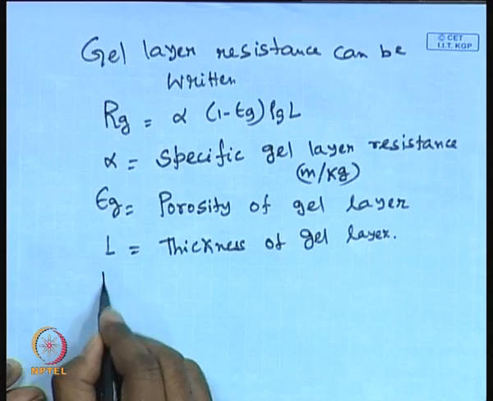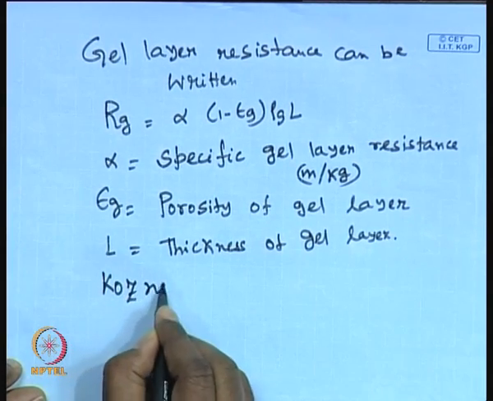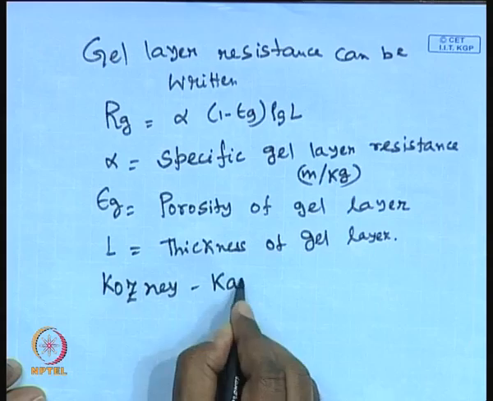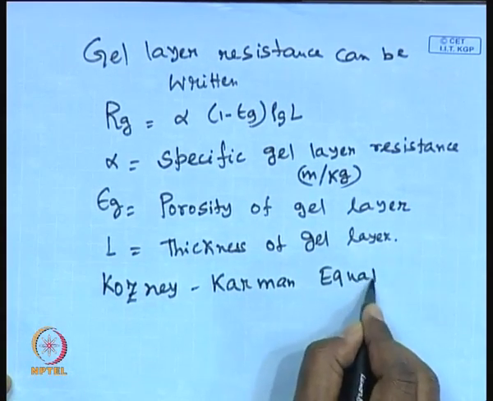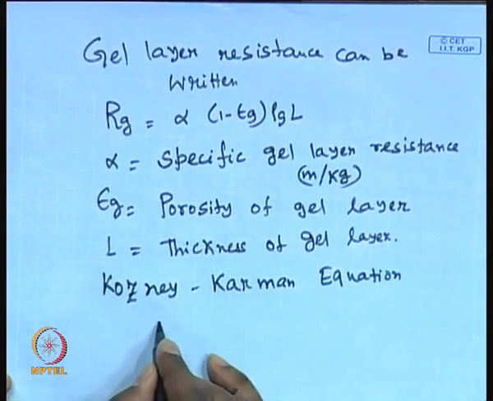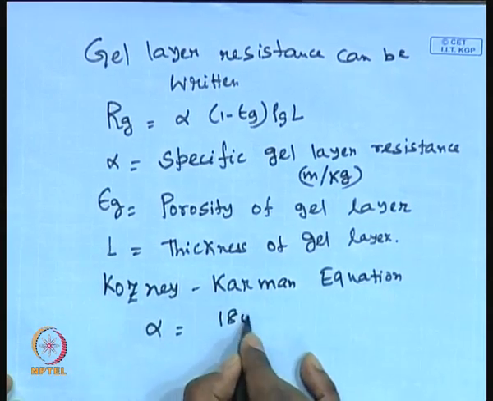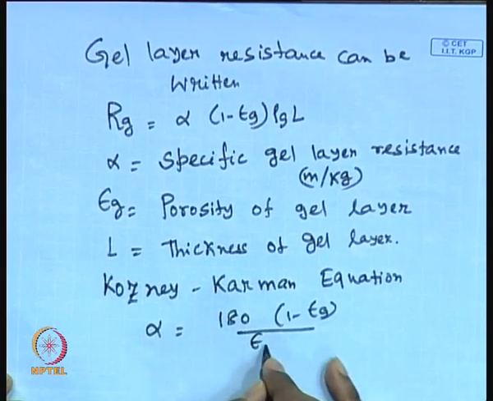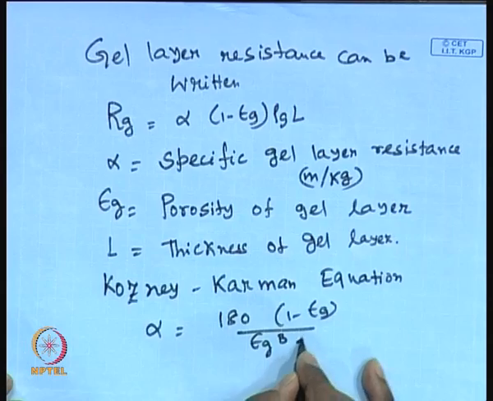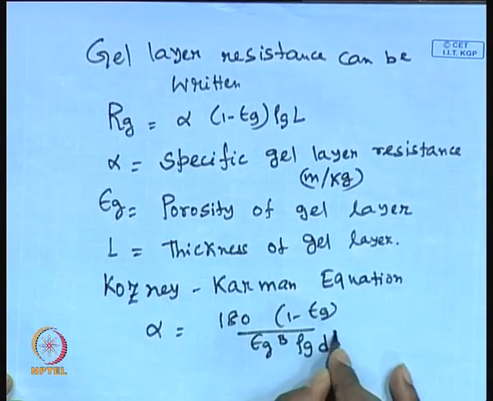So, alpha can be written from the Kozeny-Carman equation: alpha is nothing but 180 times (1 minus epsilon g) divided by (epsilon g cubed rho g dp squared).